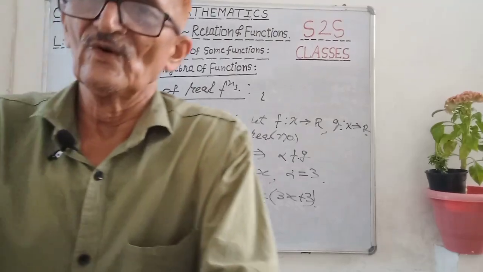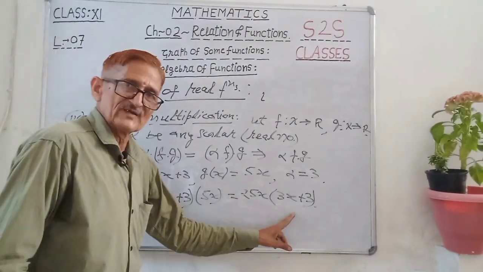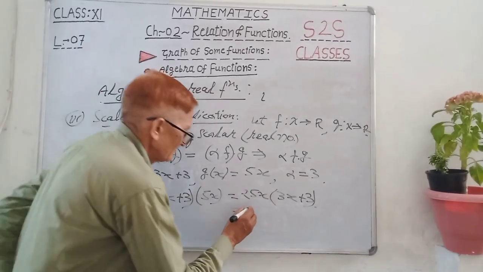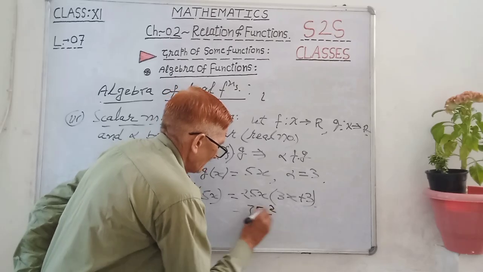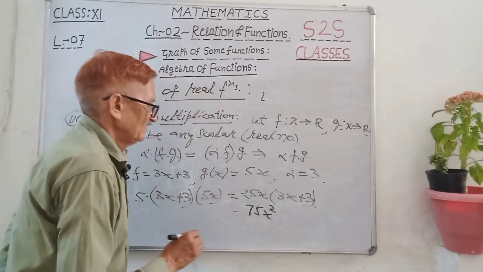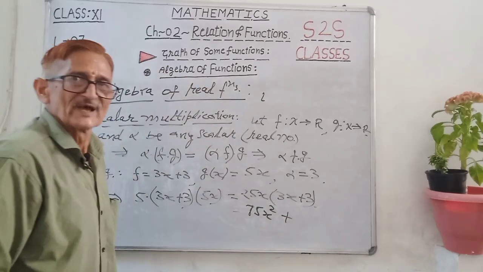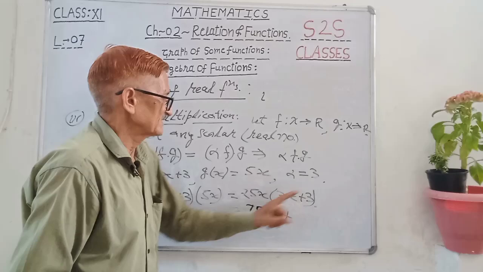Like this we can do. Now multiply forward: 25x into 3x is 75x², and then 25x into 3.